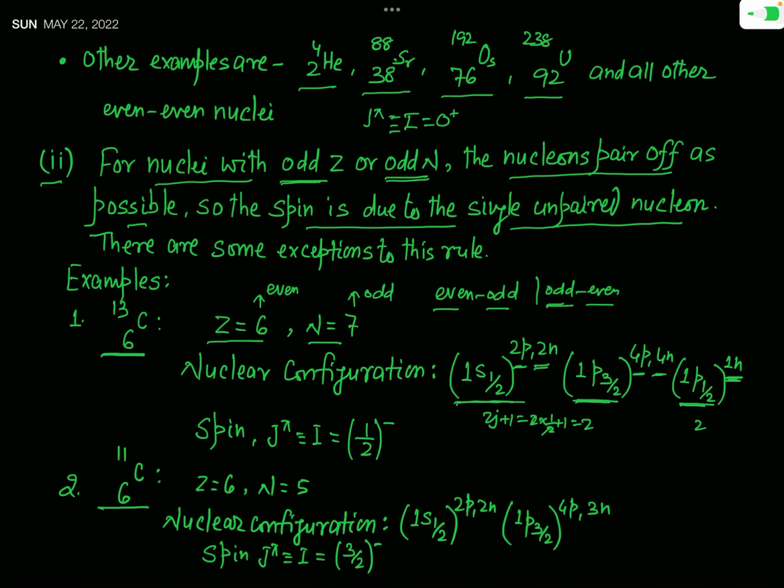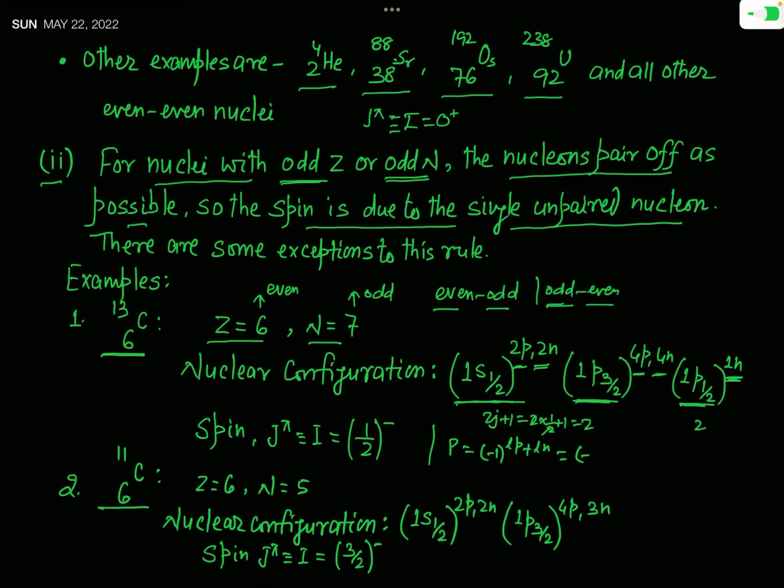So let us find it. First of all, I am finding what will be the parity of this nucleus. So use the formula P equals minus 1 raised to the power Lp plus Ln.